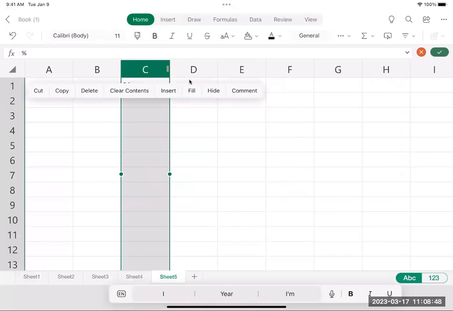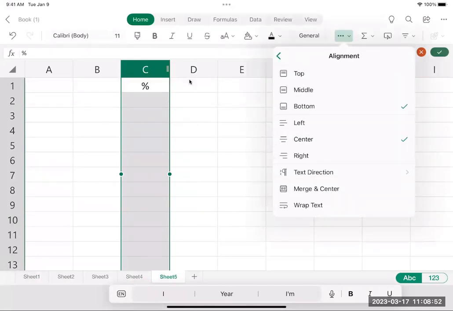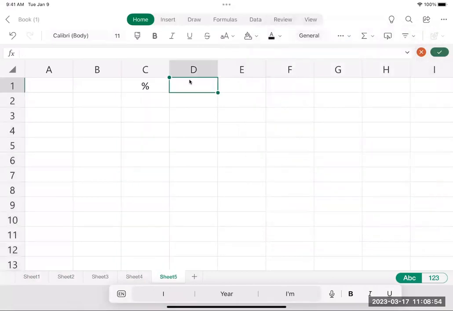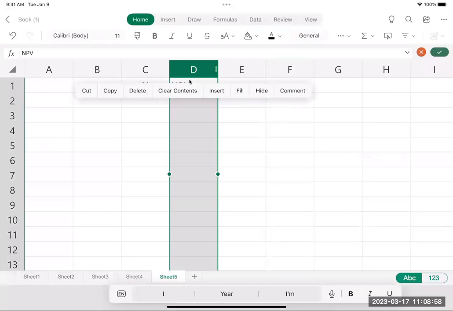And then NPV here. So if you are going to use Excel, you have to send me the Excel sheet, not as a PDF, as an Excel document, so I can see all your formulas.